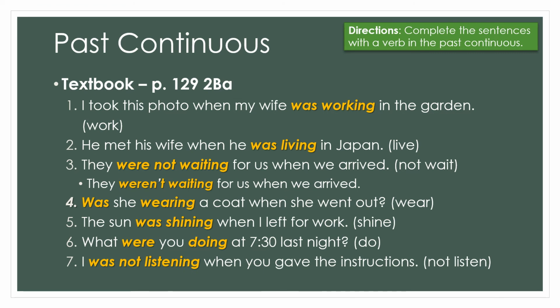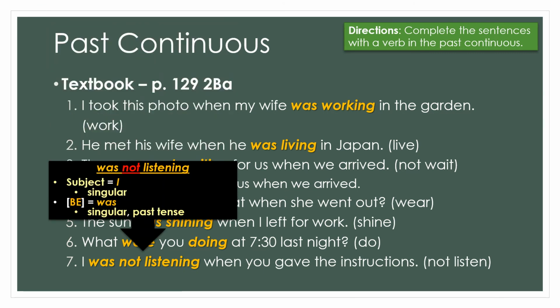Number 7, I was not listening when you gave the instructions. I is the subject, which is singular, so the appropriate form of the verb be would be was, which is singular past tense.